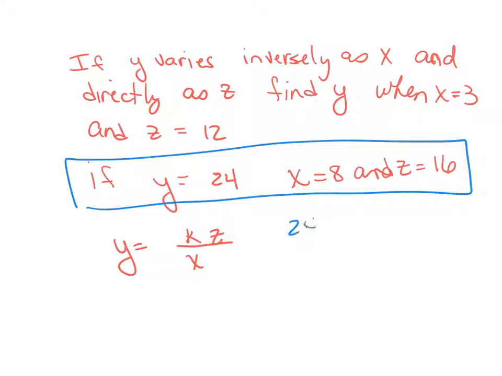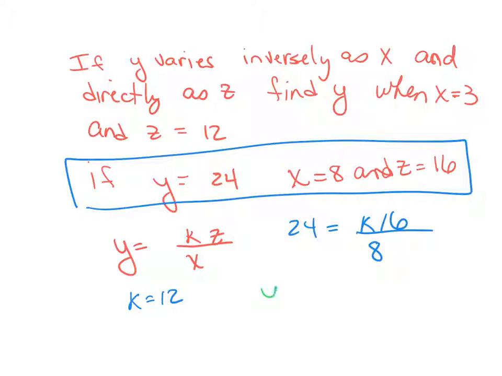So if 24 equals k, 8 downstairs, 16 upstairs times k, then k is 12, because 16 over 8 is 2, and 2 times 12 is 24.